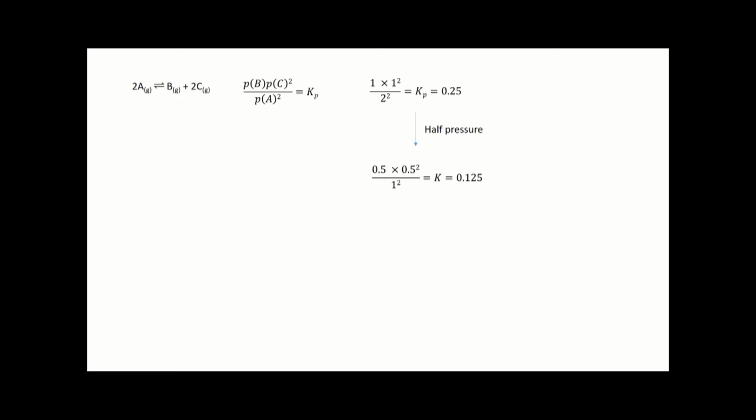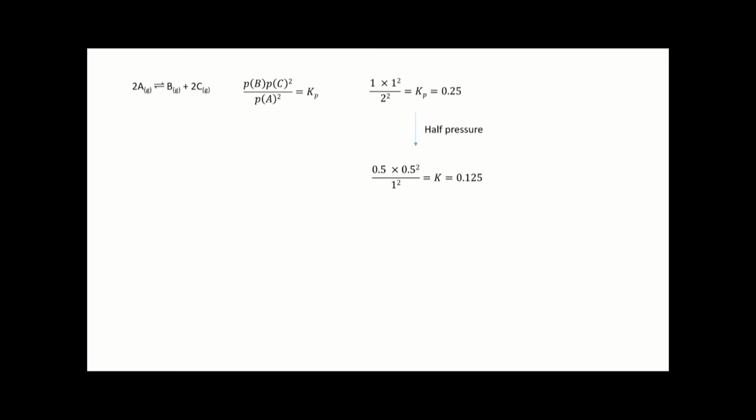This time that's half the pressure, and you can see that again I've changed K to less than Kp, so we're going to need to raise that. And so what are we going to do? We're going to need to cause the equilibrium to shift so that the number is larger, and therefore we're going to need to have more B and more C and less A.